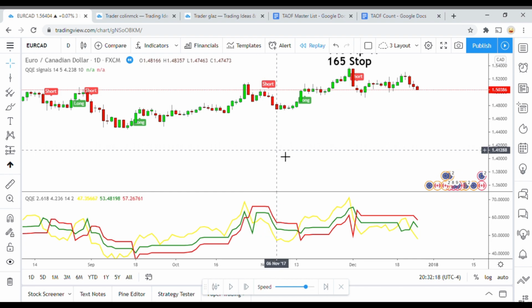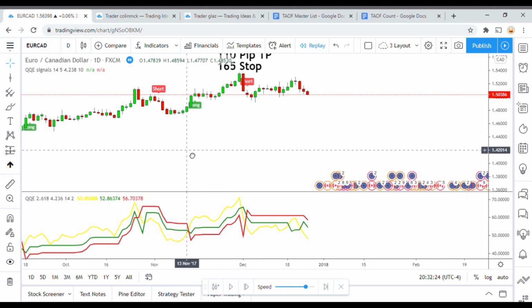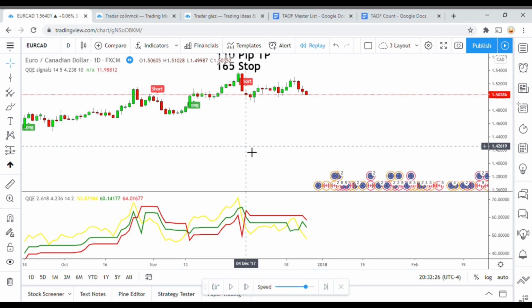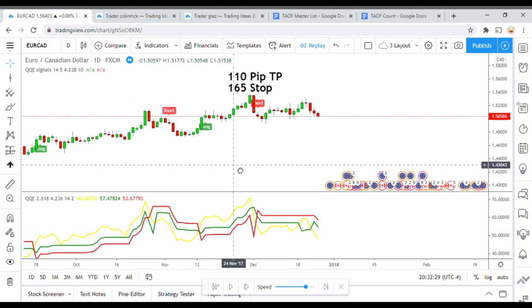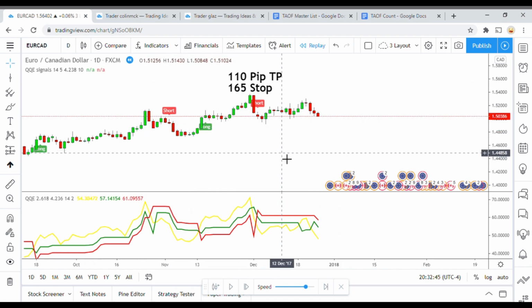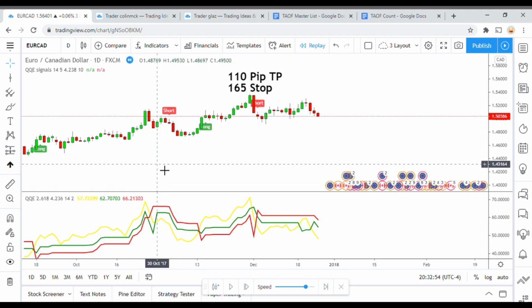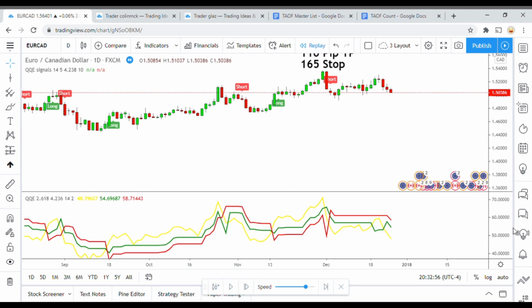It seems like the one on the bottom is just a tad bit quicker, maybe. So what I'm going to do is test the one on top, basically making it easy on us so that it flags or labels where we should be going short and where we should be going long, so that we don't necessarily have to trade it by the bottom one.